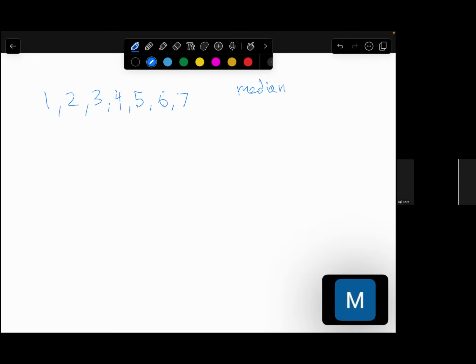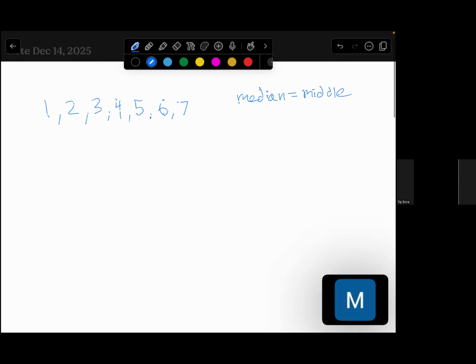Median is the middle number. So what to do is we count from the left and the right to figure out which number is the middle. So 1 and 7, those both are not the median. 2 and 6, these are not the median. 3 and 5, these are not the median. So the only number we're left with is 4.